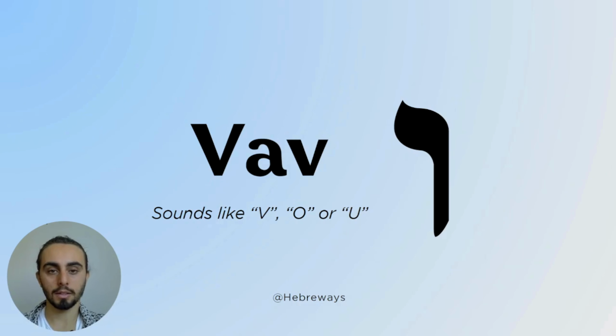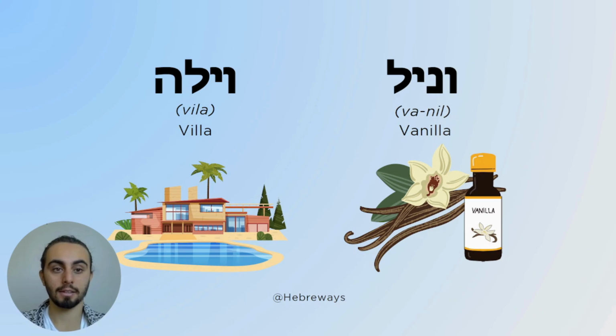Okay. Letter number 6 is Vav. Vav is a tricky one. Because Vav, in the beginning of the word, it makes V sound, like the name of it. Vav, V. But we'll see along if it's in the middle of the word, it can make an O sound or even an U sound. 2 examples. Vanille. Vanille is vanilla.